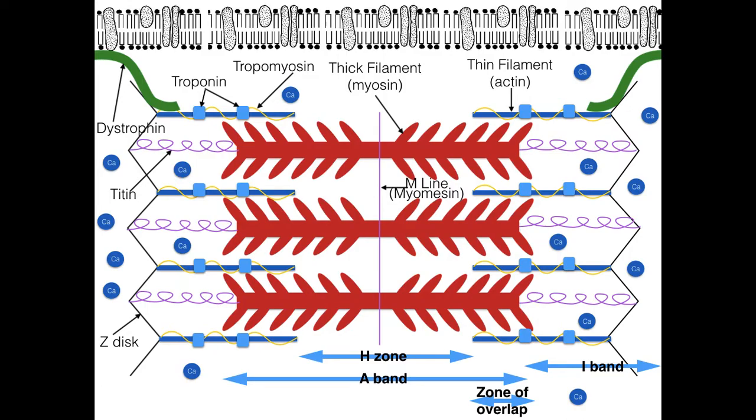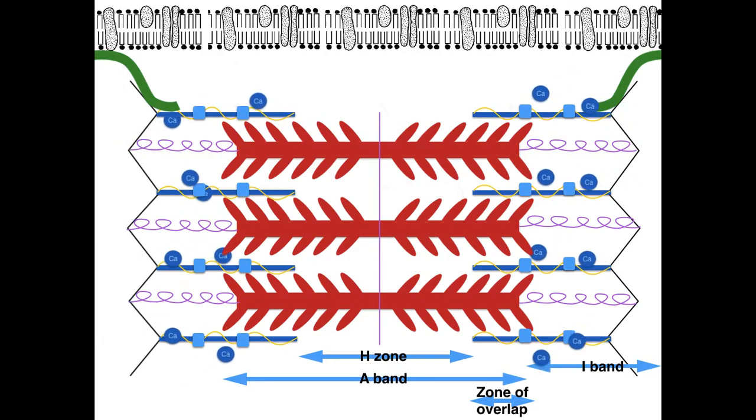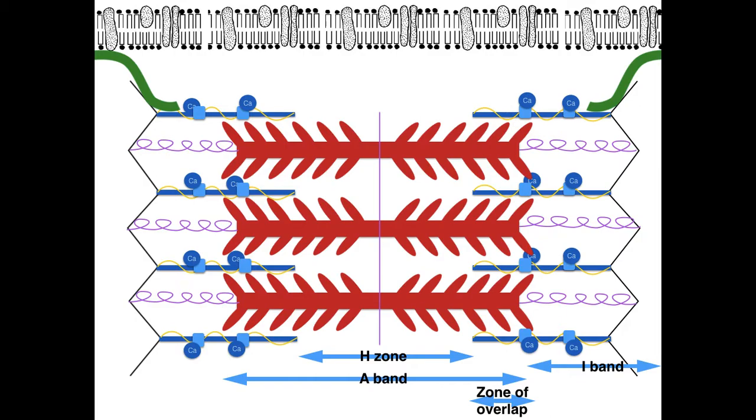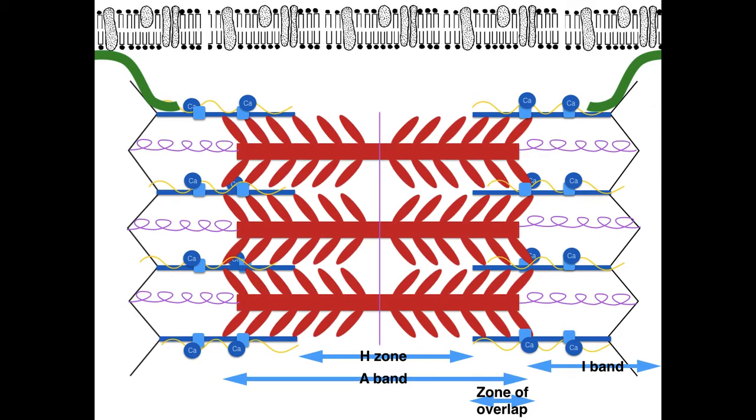So the first thing that's going to happen is that the calcium binds to troponin. When calcium binds to troponin, the troponin moves tropomyosin out of the way. Now that tropomyosin has been moved out of the way, our myosin head groups can bind to the actin thin filament.